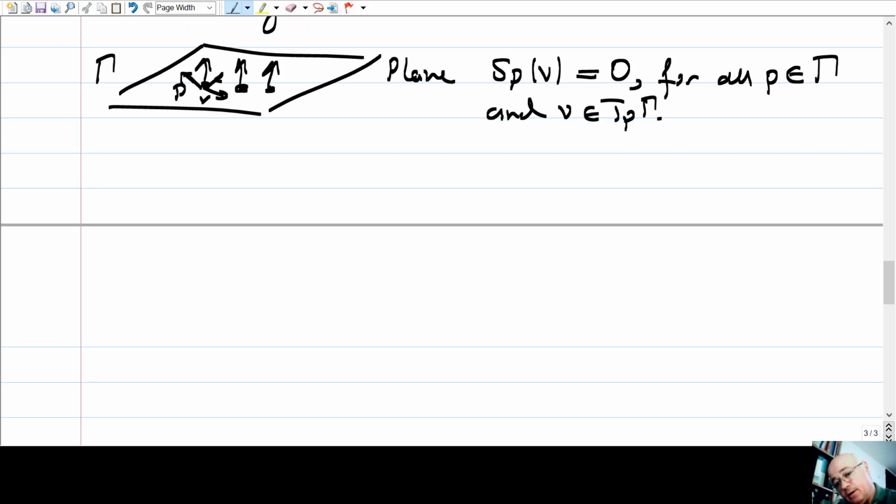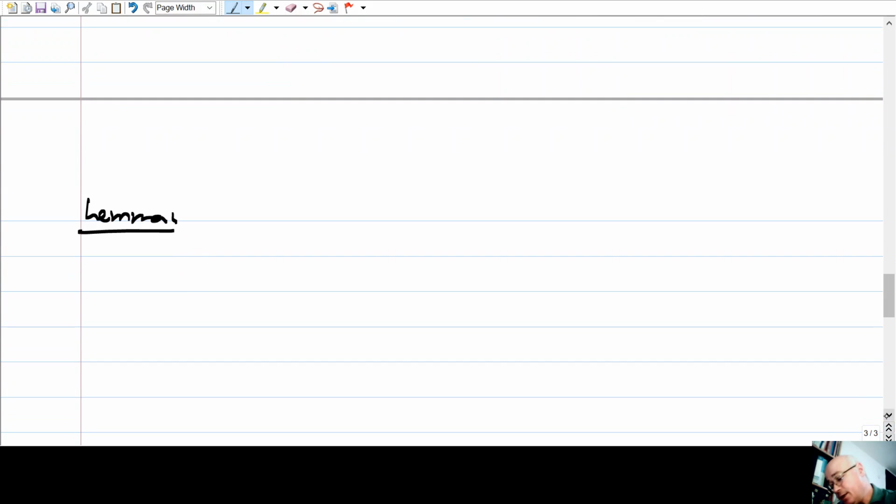Okay, but first we need a lemma. This will tell us what this shape operator is in terms of the objects we have studied so far. Okay, so let me write the statement.